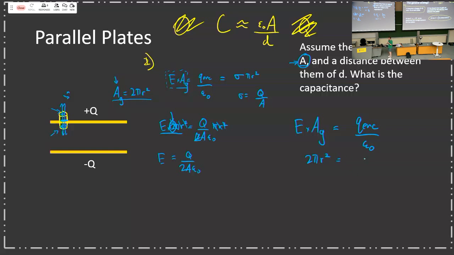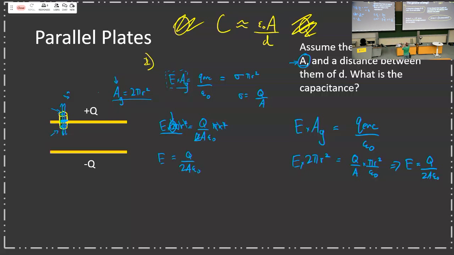The charge enclosed is going to be Q over A, the charge density, times pi r squared, the size of the circle of the plate that we're enclosing, divided by epsilon naught, and you get E equals Q over 2A epsilon naught as your electric field due to the first plate.